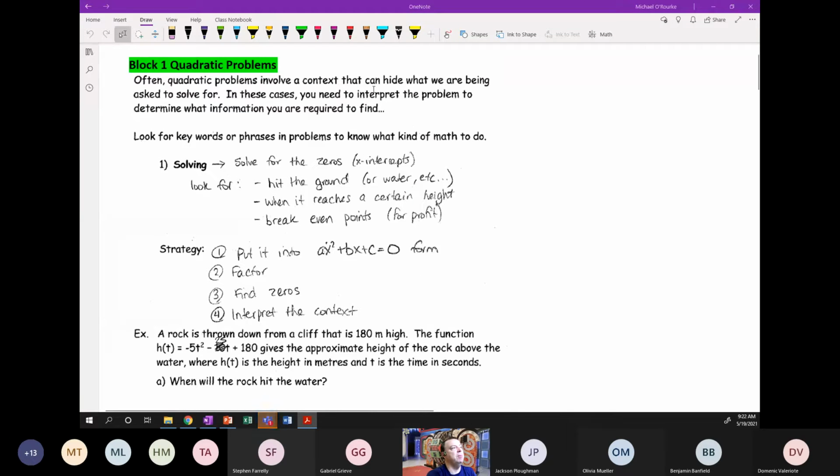We already talked about this. Quadratic problems need context. The context can hide in it, right? You have to look for keywords of what you need to find. And you can solve it however you wish. If you love the quadratic formula and you never want to factor again and use the quadratic formula to find your zeros every time, that's fine. If you want to find your vertex by factoring, or by finding the axis of symmetry and then finding the vertex using that method we did Monday morning, you can.